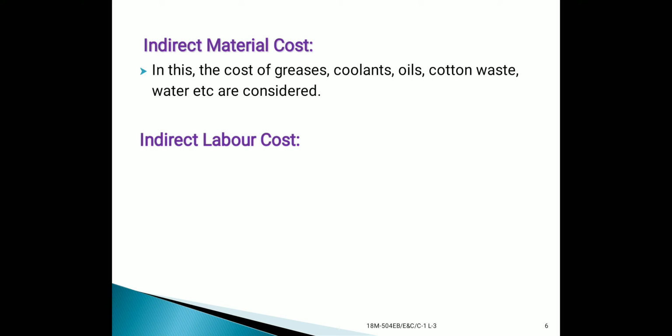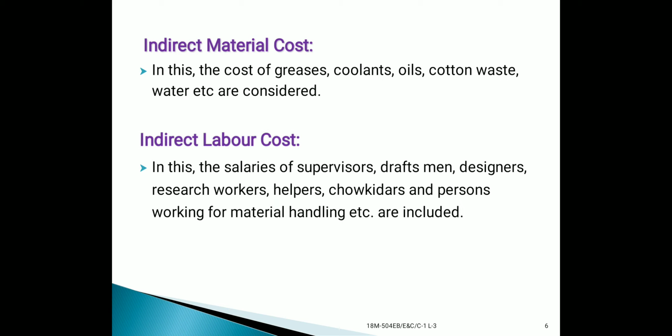Indirect labor cost means watchmen, the salaries of supervisors, draftsmen, designers, research workers, and helpers who help during the manufacturing. Next, crane operators and persons working for material handling, who help with transportation during the manufacturing, are included.